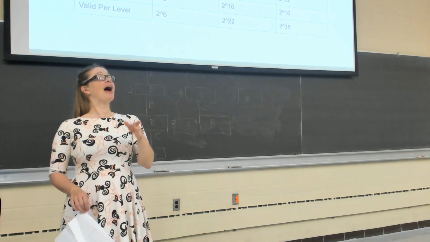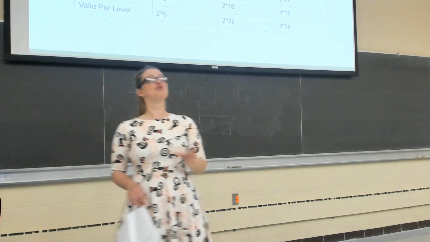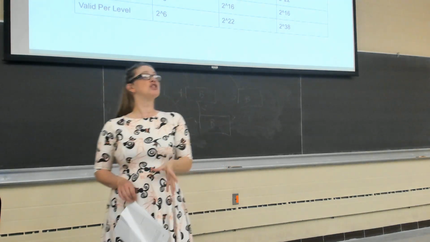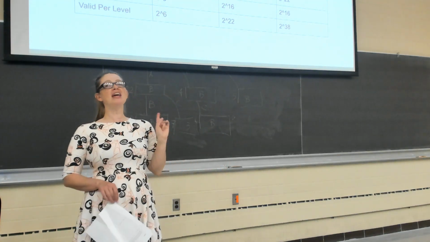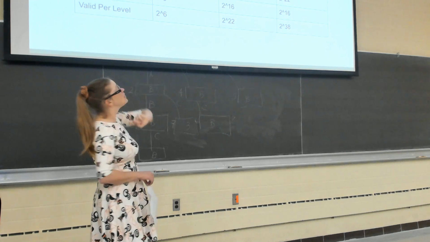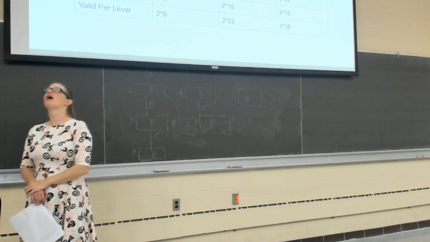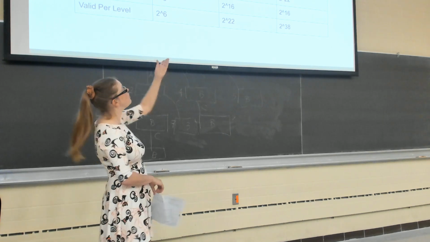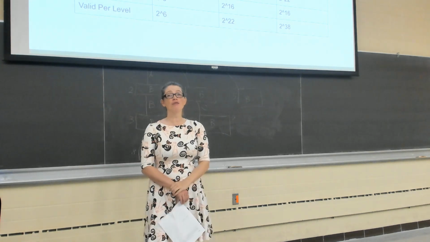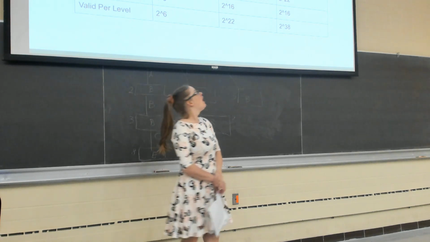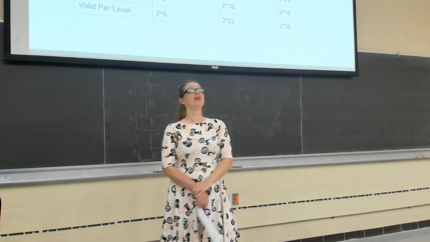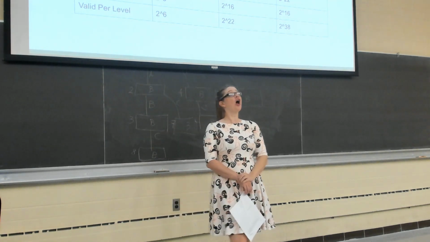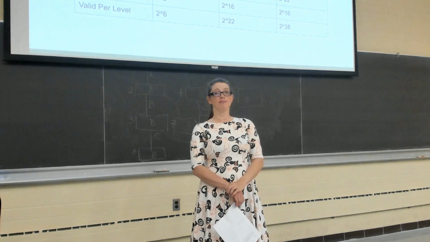Now, if there are 2 to the power of 6 valid entries in the directory, each one of those valid entries points to a page table, which means at level 2, there are 2 to the power of 6 tables. And since all 16 of those bits are in use for valid entries, we have in each table 2 to the power of 16 entries, i.e. all of those tables are full.